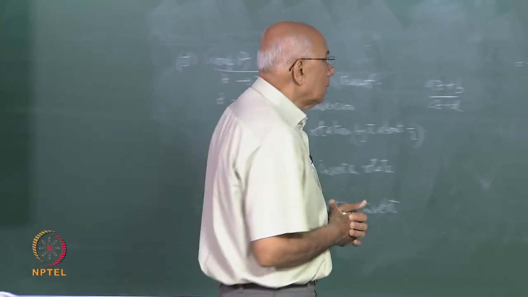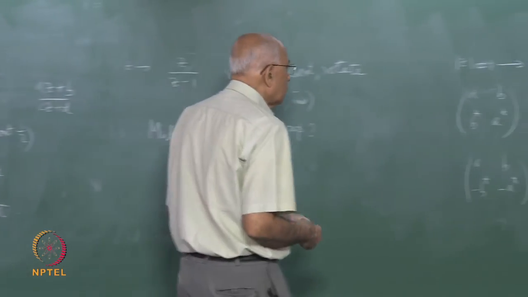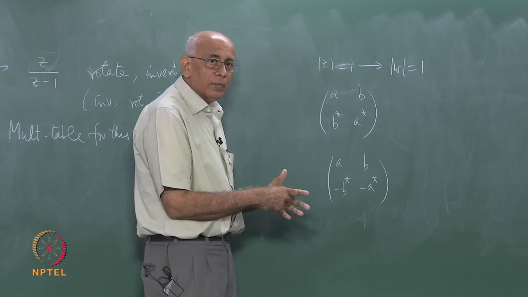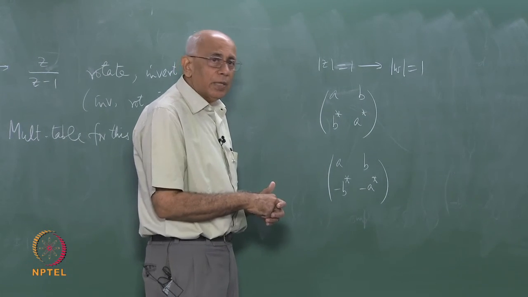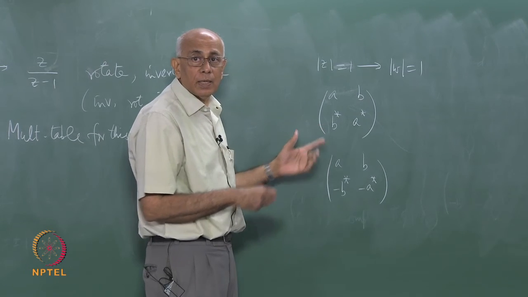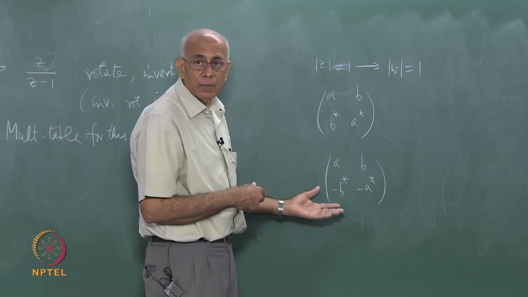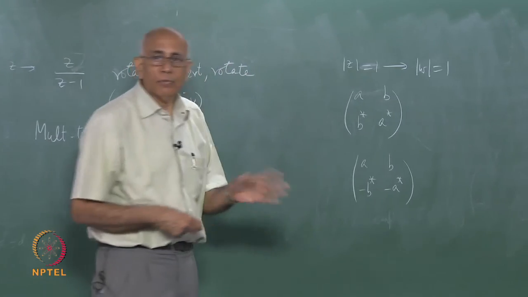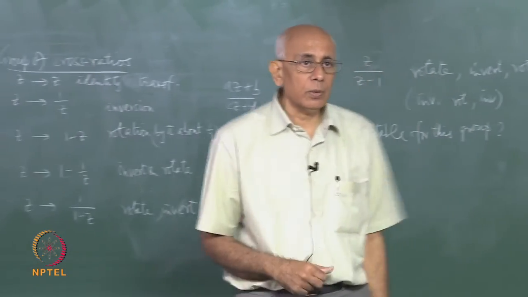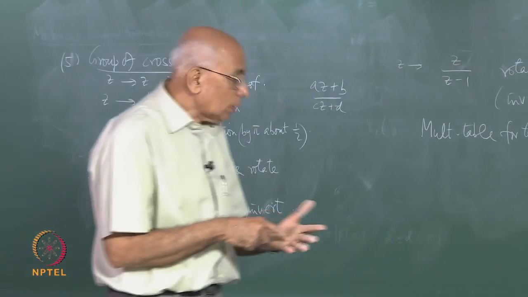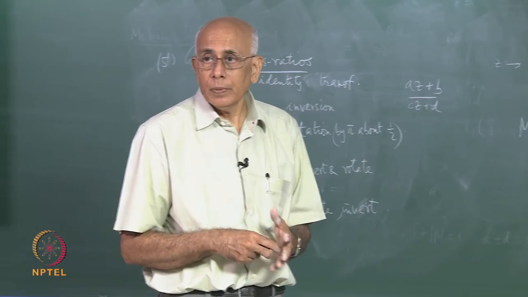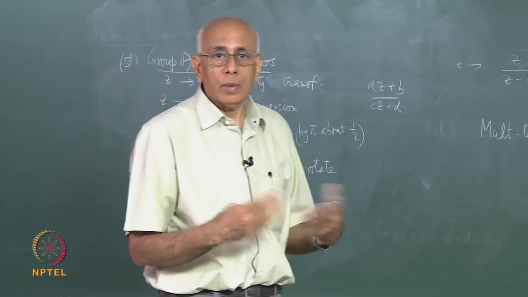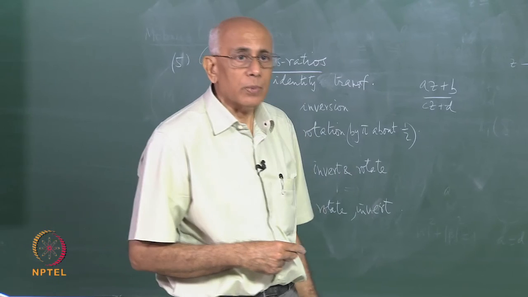In terms of Möbius transformations, this property of mapping the unit circle to itself, keeping the interior unchanged, is restricted to one of these, and exchanging the interior and exterior is in this set of transformations. These are all easily verified, and you should do so right now. The algebra is quite simple. So once you show that this is the most general form of a matrix which satisfies this condition, then it is easy to derive these conclusions as well.